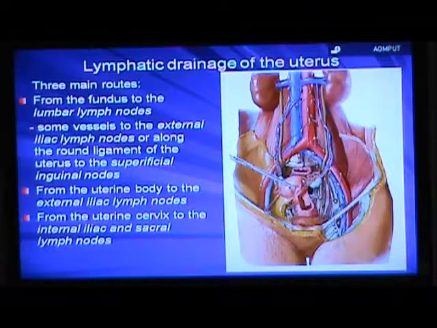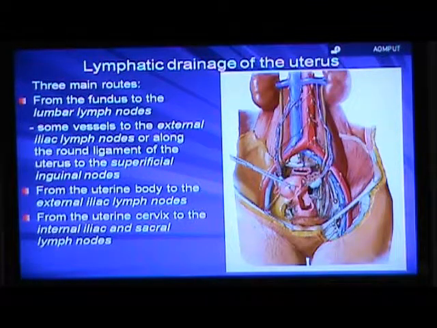Look, the round ligament of uterus, which starts from the lateral horn of the uterus, passes through the inguinal canal, and leaves the inguinal canal through the exit of the inguinal canal, and here we have the superficial inguinal lymph nodes. The round ligament of uterus ends in the labium majus.